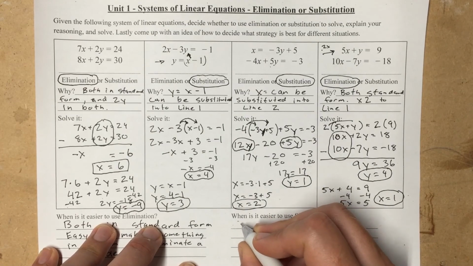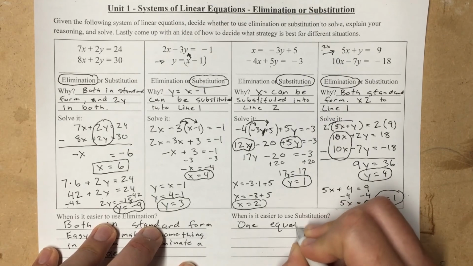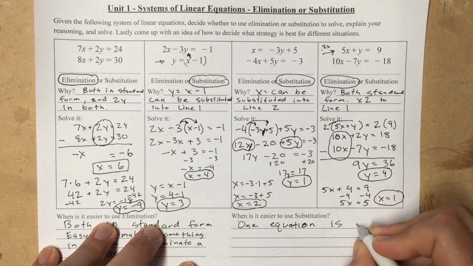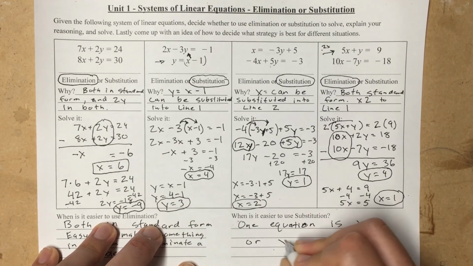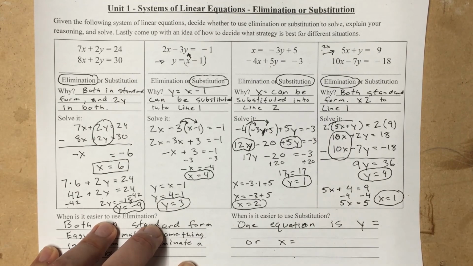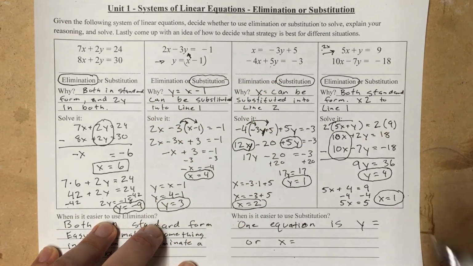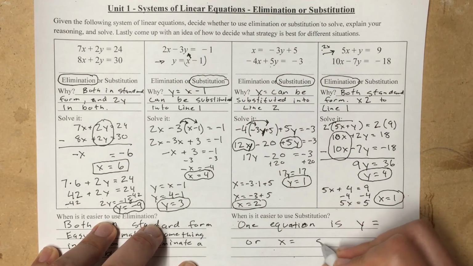So when's it easier to use substitution? You could say one equation is either y equals or x equals, right? Because we have a y equals here and an x equals here. When you have something like that, just substitute that into the other equation.